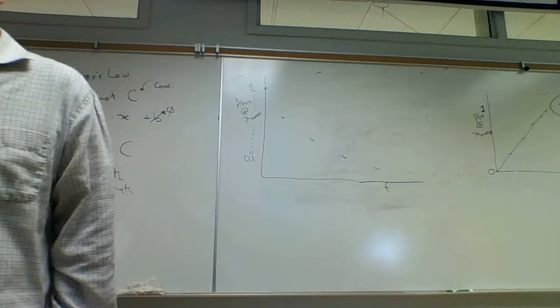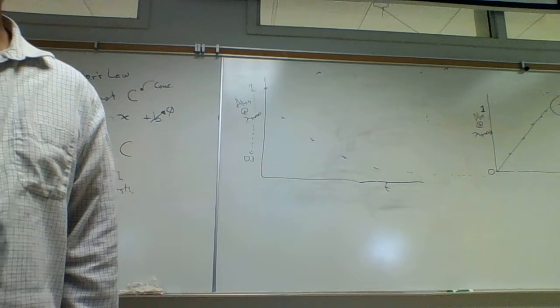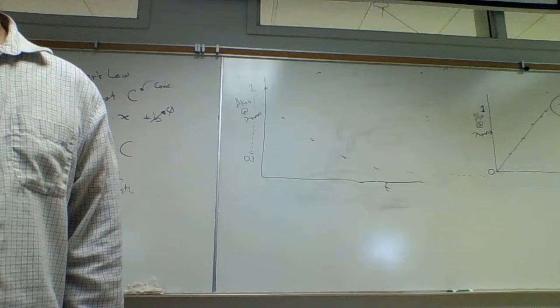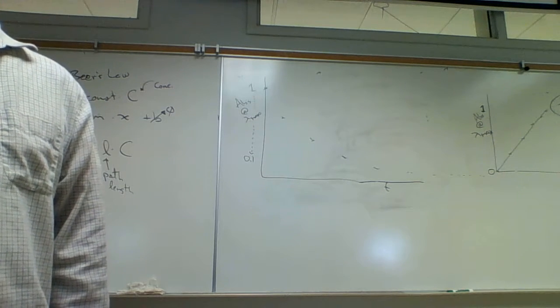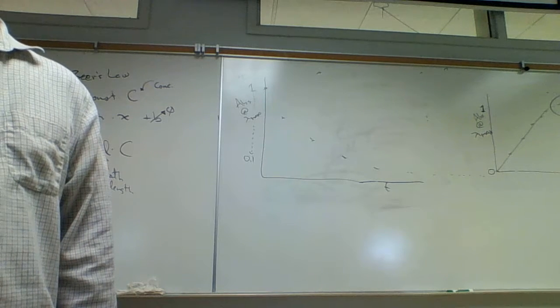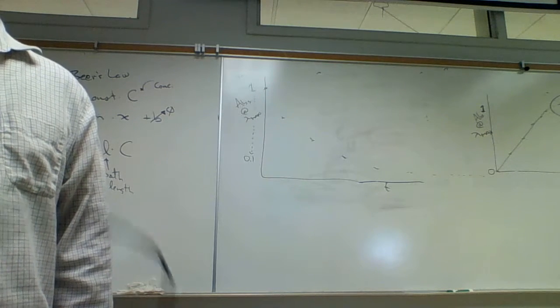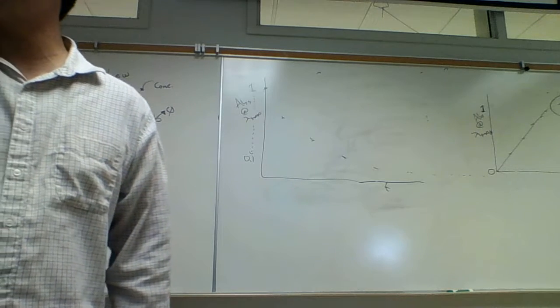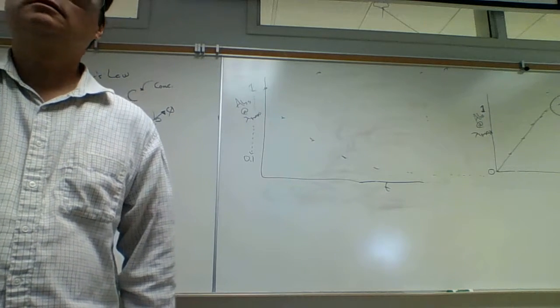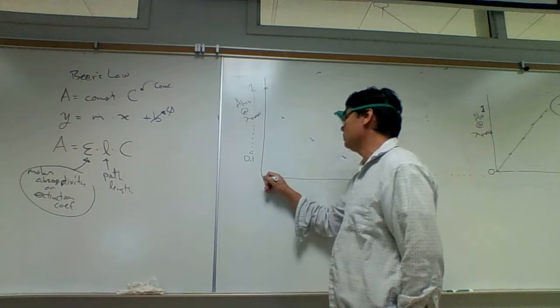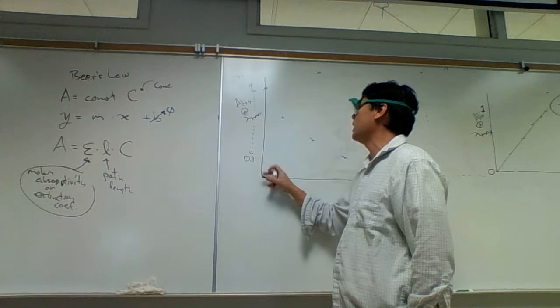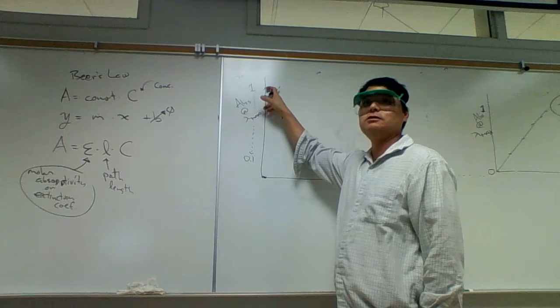Something like this LabQuest system here can record data every millisecond. If it records 1 data point per millisecond, in 1 second, how many data points would we have? Well, 1,000 data points.